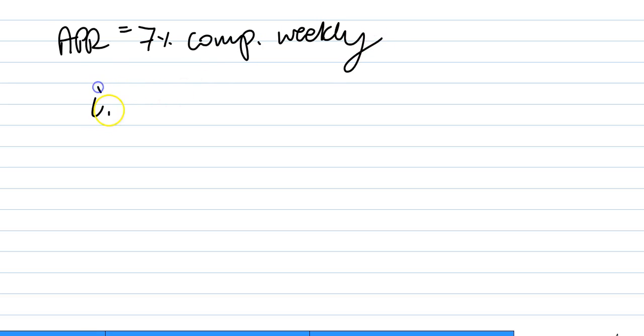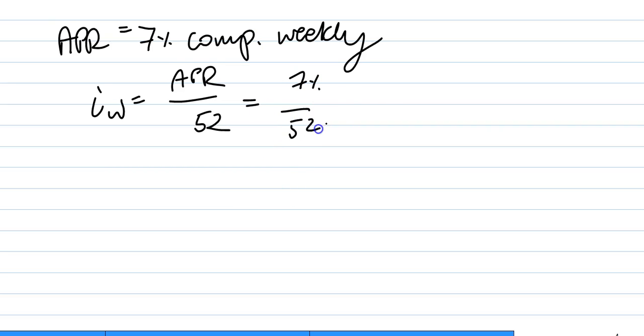To get the effective weekly rate from the APR, we just divide the APR by 52 in this case, because we have 52 weeks. So we have 7% divided by 52, which is 0.134615%. So this will become our interest rate.